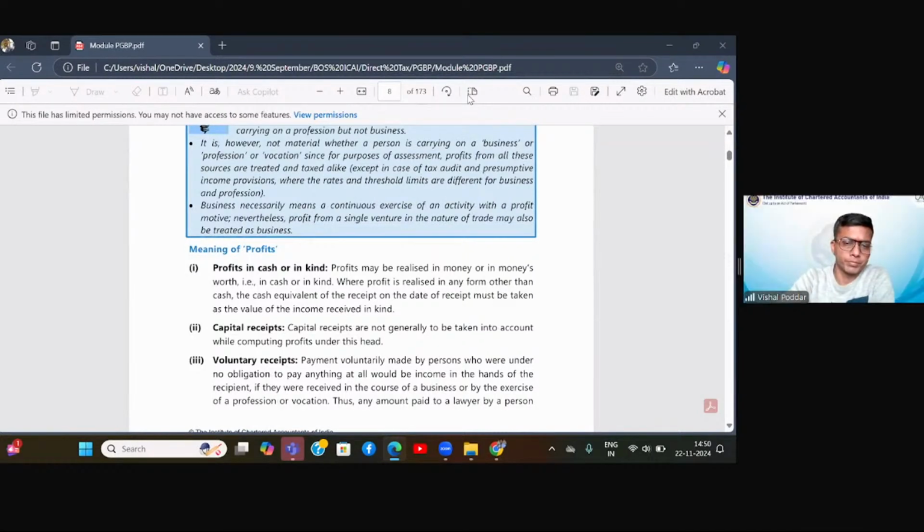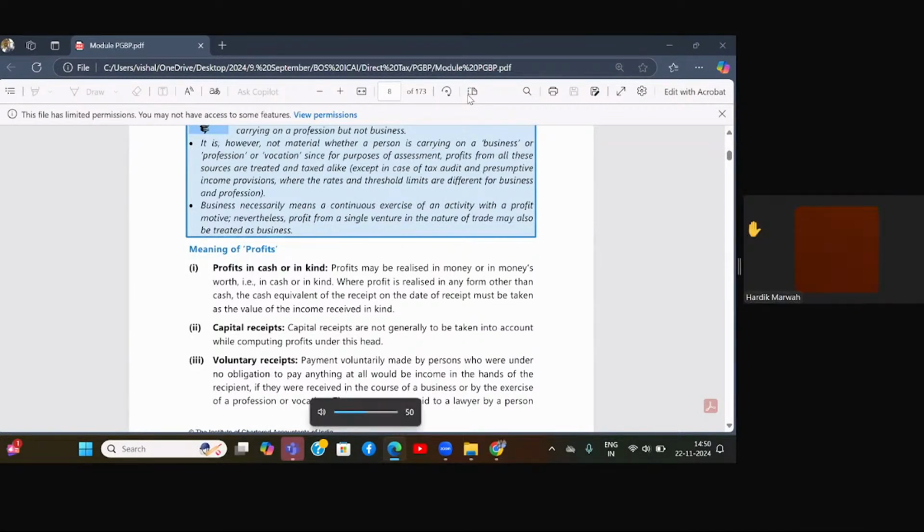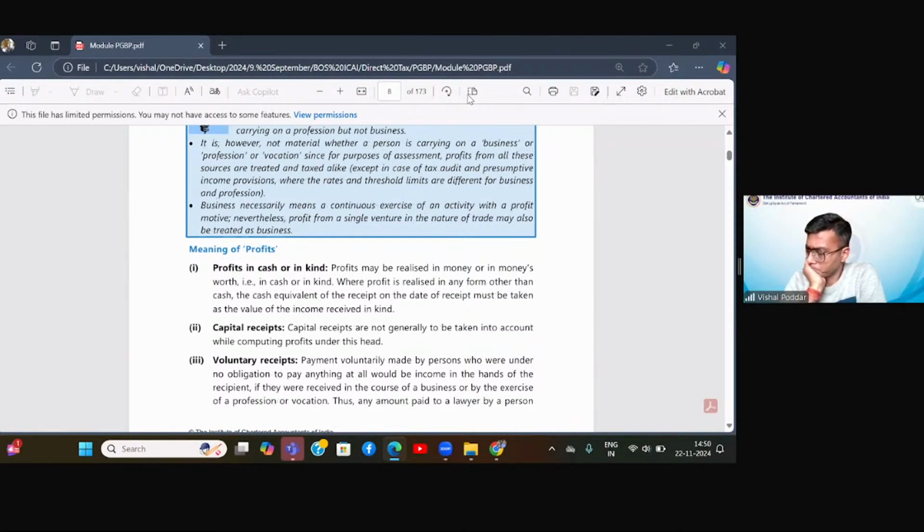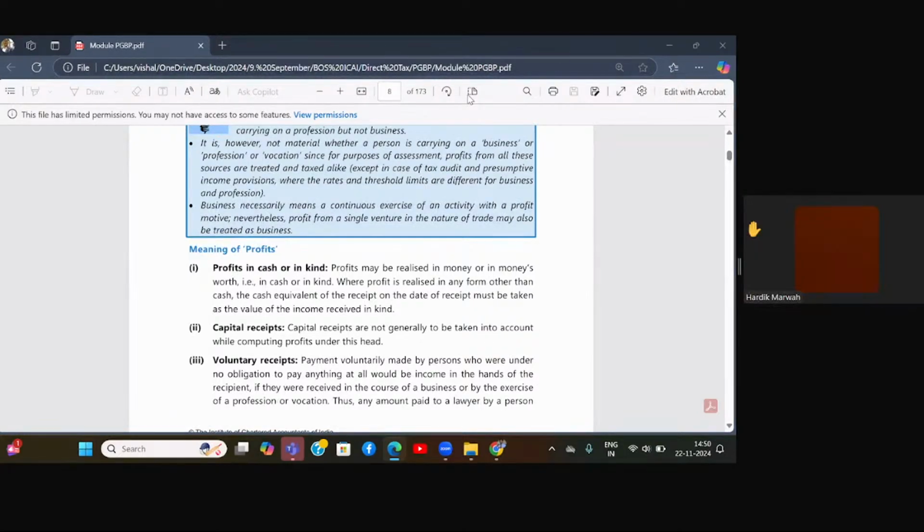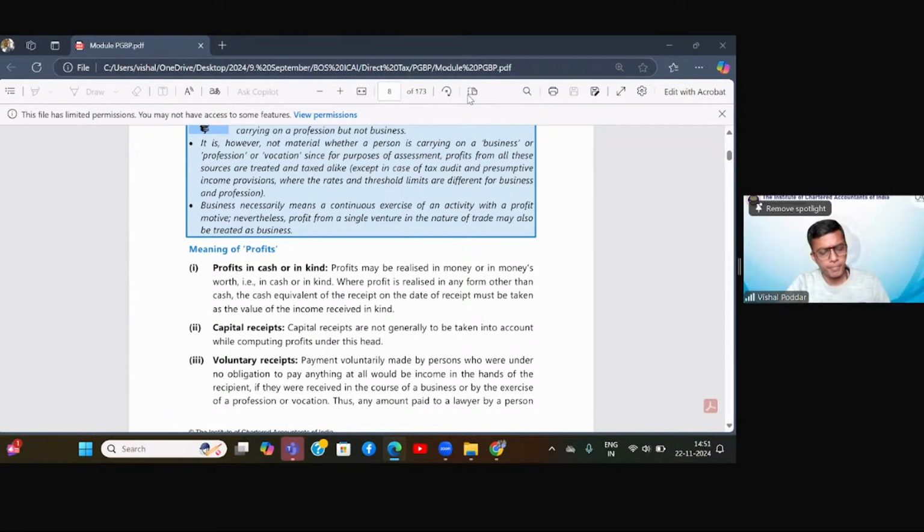Tell me. Sir, in 40 clause B, usually the maximum interest allowed to a partner is 12%, correct, sir? Correct. Sir, if the firm is paying an interest of 15%, and the profit is given before the deduction of this interest, we will deduct only 12% interest, no?